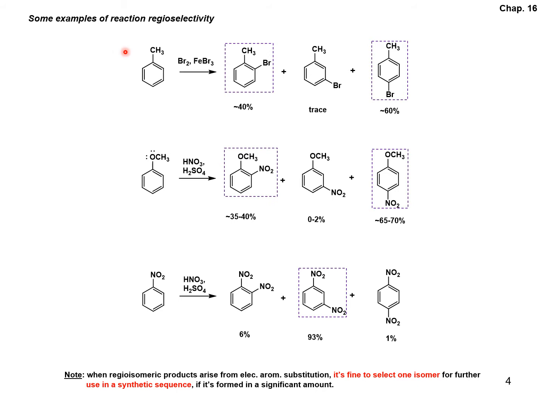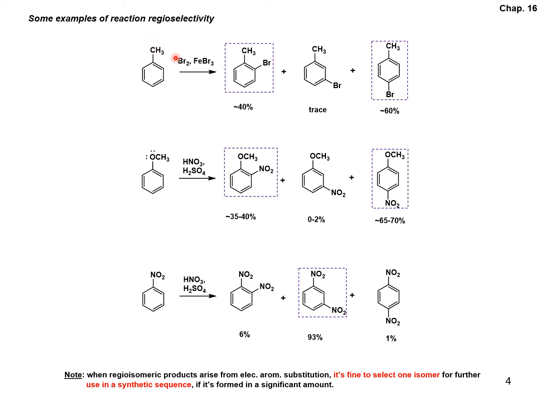In the case of toluene, methylbenzene, electrophilic aromatic bromination gives you very little of the meta, and you end up with, well, not quite equal amounts of the ortho and para products. Maybe there's a little bit of a steric effect.